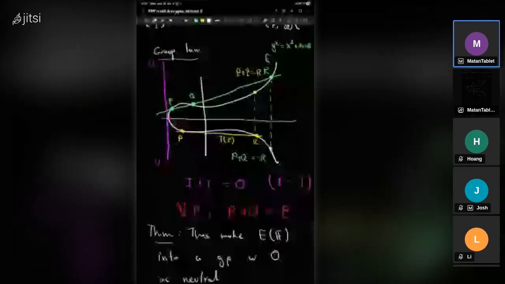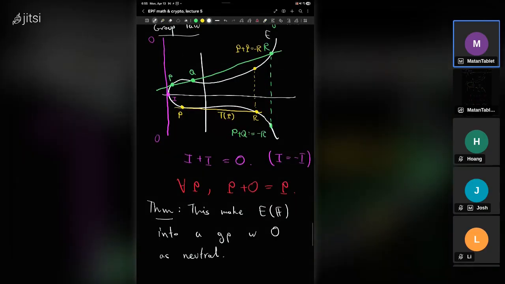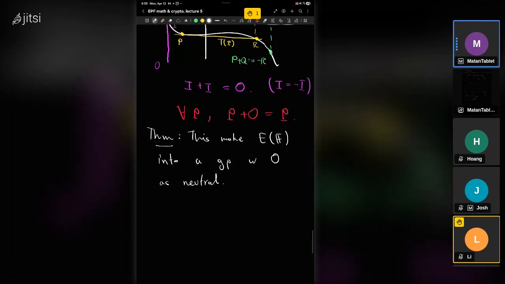Now, what you need to understand is that what I did here geometrically makes sense over any field. Why? Because the line that passes through P and Q is just an equation.